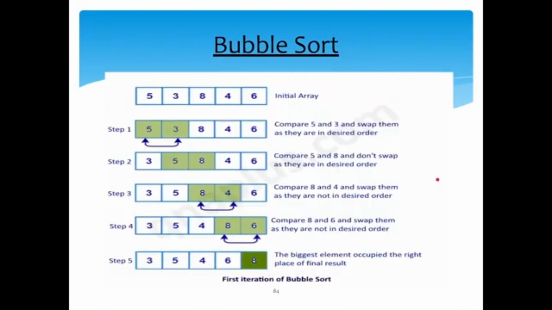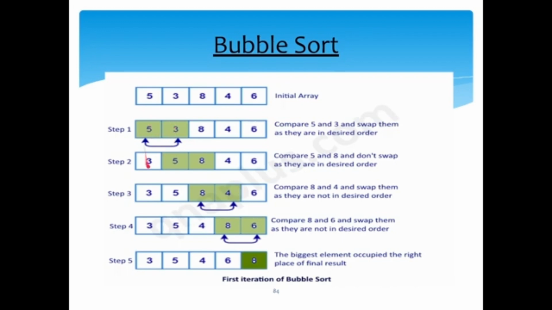Next, bubble sort. Here comes the sorting techniques. What is sorting techniques? Arranging the elements in an order. Bubble sort is nothing but comparing the adjacent elements. Comparing 5 and 3. You can see that 5 is greater than 3, so it must come after 3.